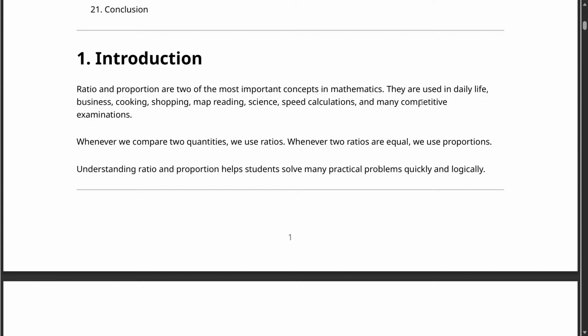We use them in daily life, business, cooking, shopping, map reading, science, speed calculation, and many competitive examinations. Whenever we compare two quantities, we use ratios. Whenever two ratios are equal, we use proportion.